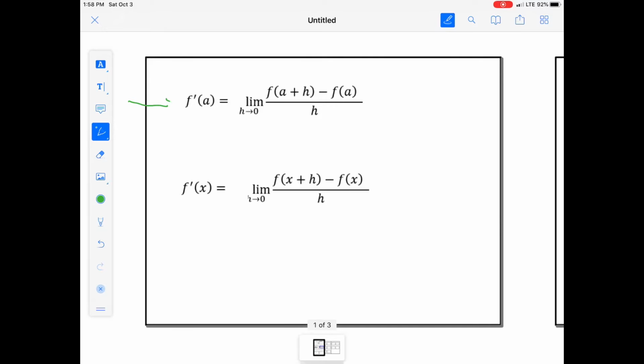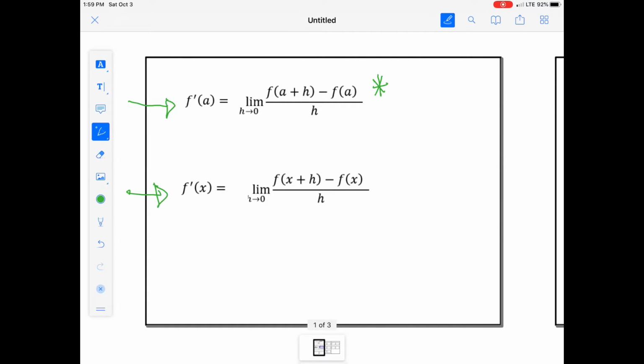So here we are. I'm going to take you back to 2-2, and this is when we talked about the derivative at a specific point A. Keep this in mind. We are going to come up with two different definitions, but I'm going to save that second one for later. But this is our limit definition of a derivative at a specific point. What makes this different?